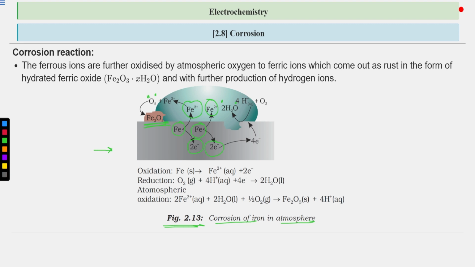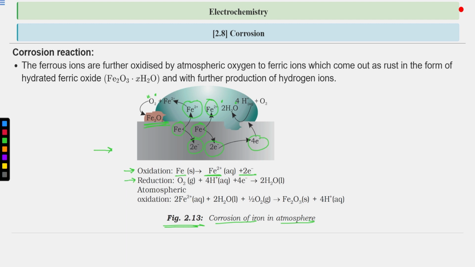Now there are 2 electrons which iron has produced. These 2 electrons get combined, become 4 electrons, and are present as free electrons on the surface of the metal for the further reaction.